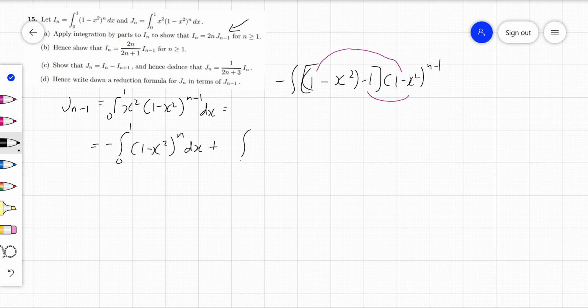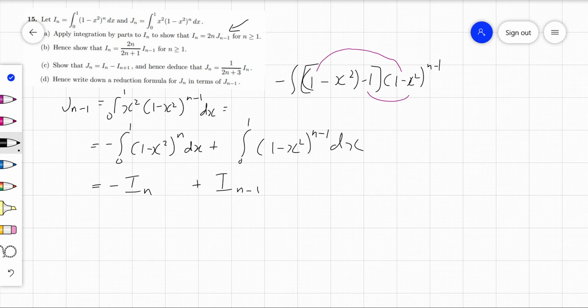And I'm also going to get a positive 1 times 1 minus x squared to the n minus 1 for the second expansion part. You can see straight away that that is minus In, and this is positive In minus 1.